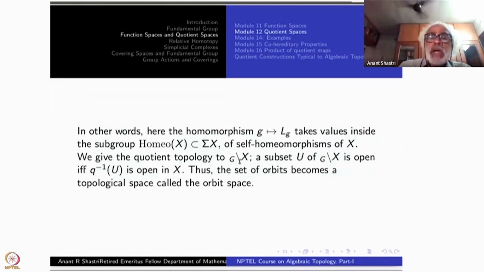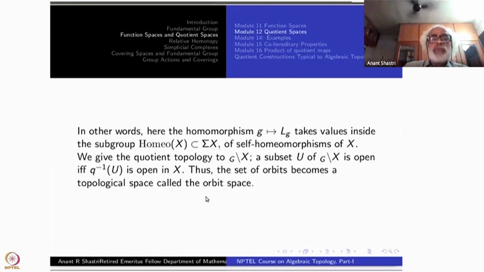Again, you have the same quotient set. Now you give a quotient topology to this. So this becomes an orbit space, not just an orbit set. What is the topology? Remember, a subset U of X/G is open if and only if Q inverse of U is open in X. So the set of orbits becomes a topological space.